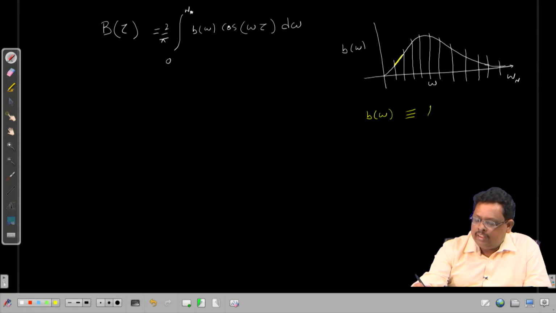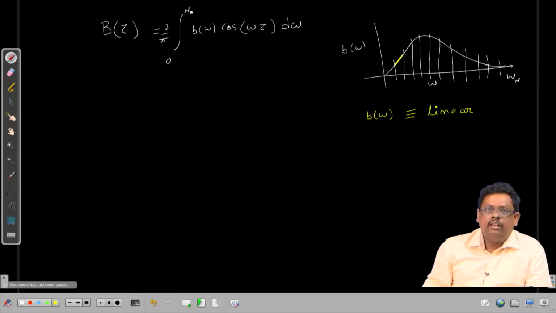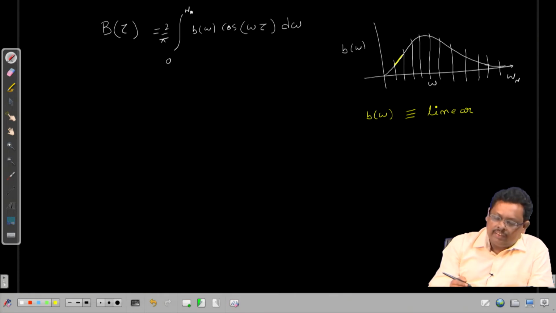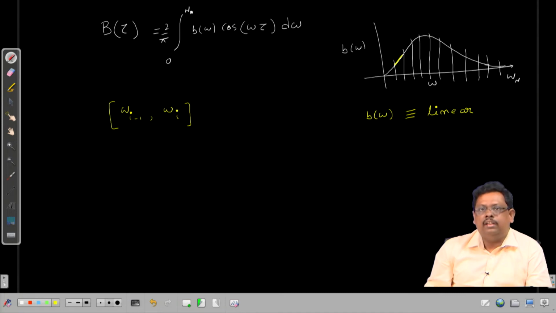Once we approximate the b(omega) curve as linear, let us define something. Let us take some arbitrary interval, omega (i minus 1) comma omega i. Let us take this arbitrary interval.